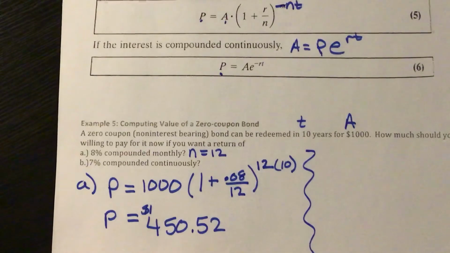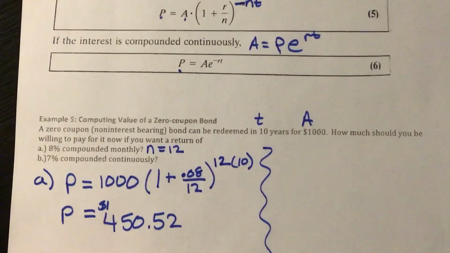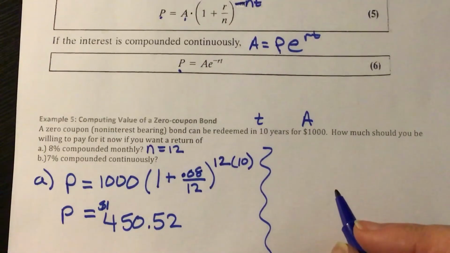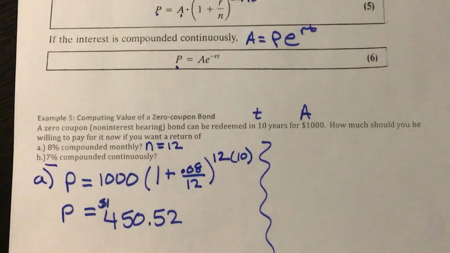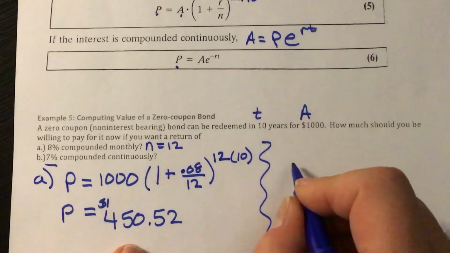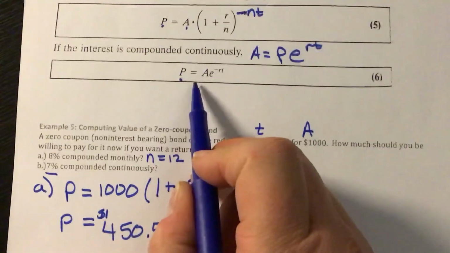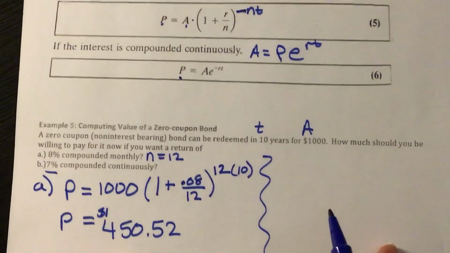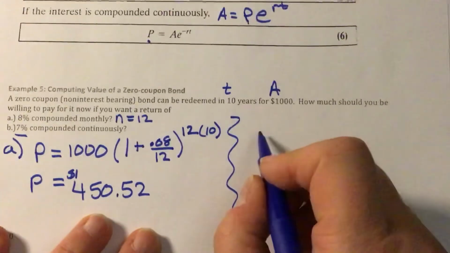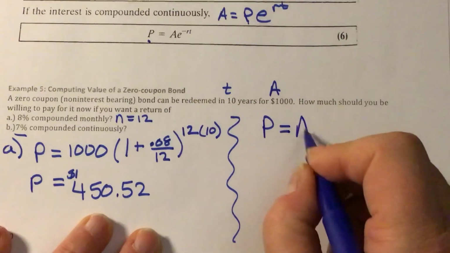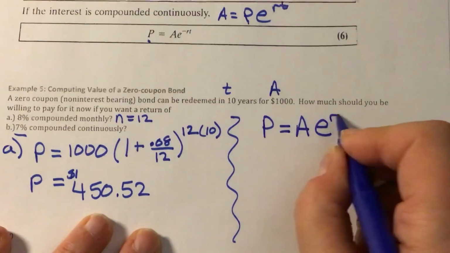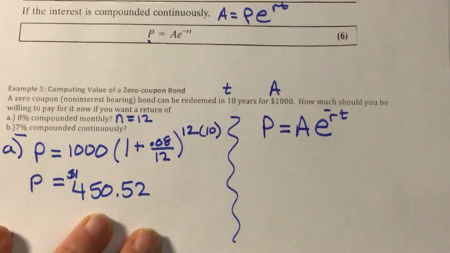So in part B, I now pretty much have the same thing. My rate's changing to 7% and I'm compounding continuously. So I'm going to use this formula. My P equals A times e to the negative RT.